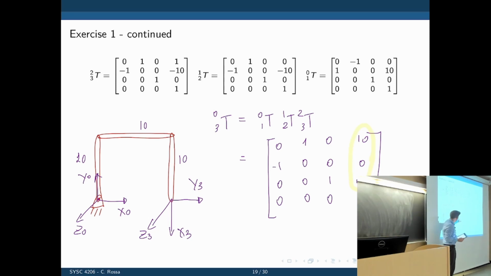So you see the component of y3 in y0 is 1. The component of y3 in x0 is 0 because they are orthogonal. And y on z is also 0 because they are orthogonal. And then the last one here is simply the z-axis. This is telling us that the z-axes are aligned. And most importantly, in these elements here, we see the vector that locates this frame with respect to that frame. Does that make a little more sense?